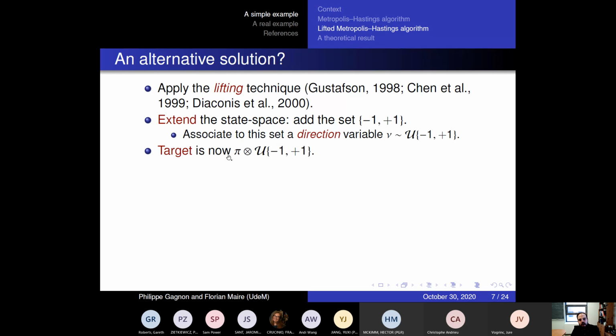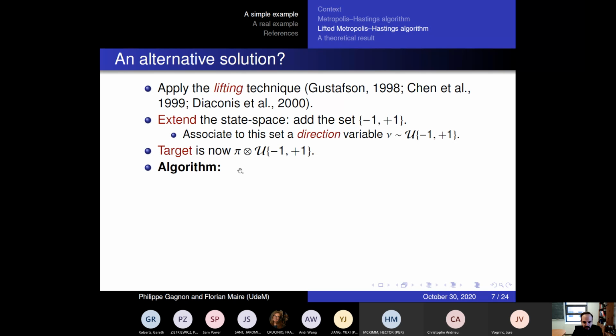So the target is now, instead of just pi, pi times this uniform. But there's no problem with this because, as you know, you can still compute ergodic averages by looking at the first component of your Markov chain, forgetting about the direction, and you will still have approximations to the marginal expectations.